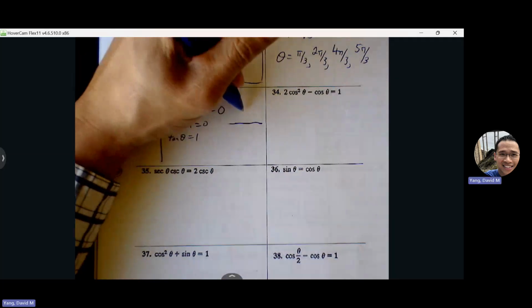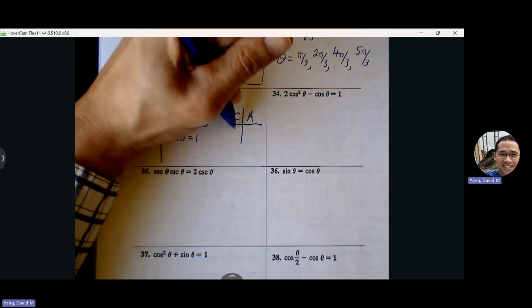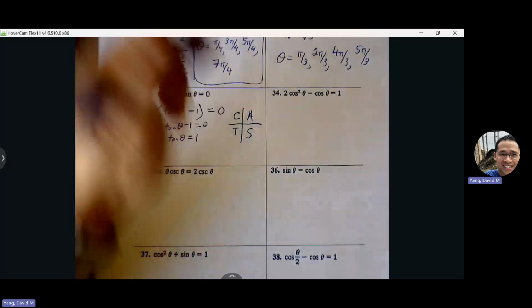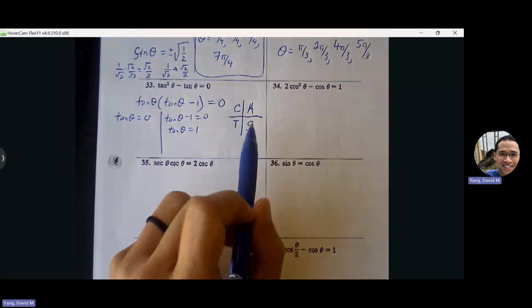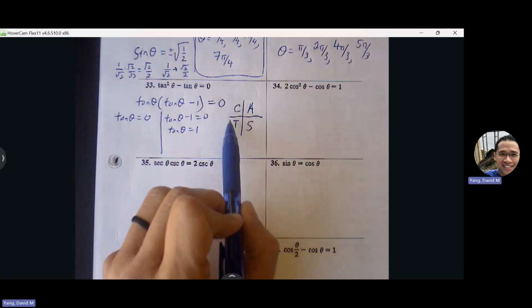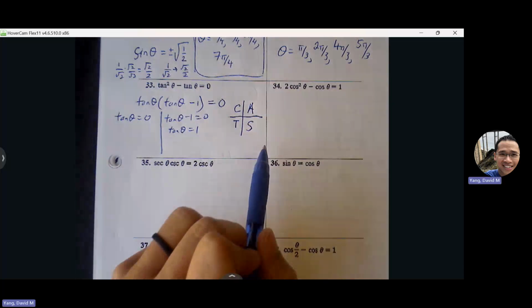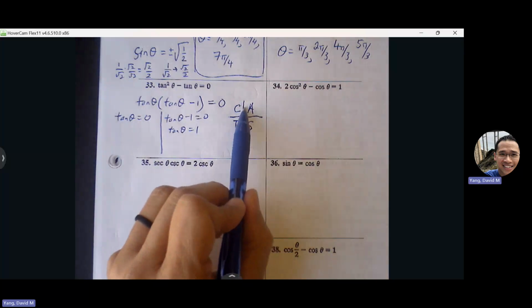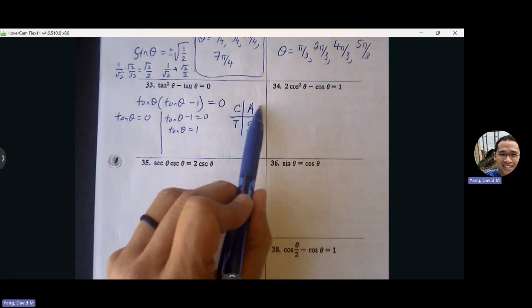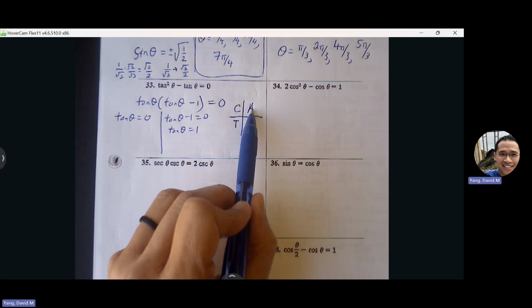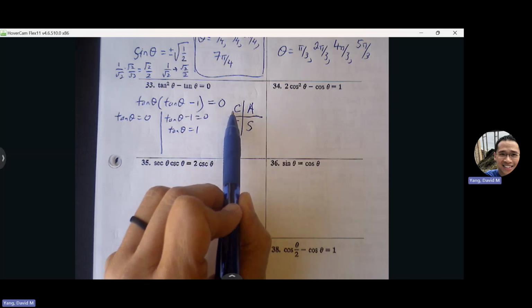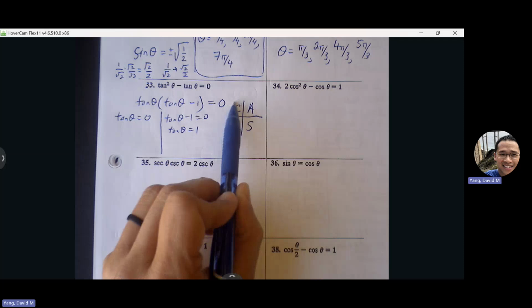Oh, and also there's this acronym here, ASTC. I use this to help remind us which trig functions are positive where. So A is all. That means all 6 trig functions are going to be positive here. Second quadrant, only sine and its reciprocal, cosecant, are positive here.